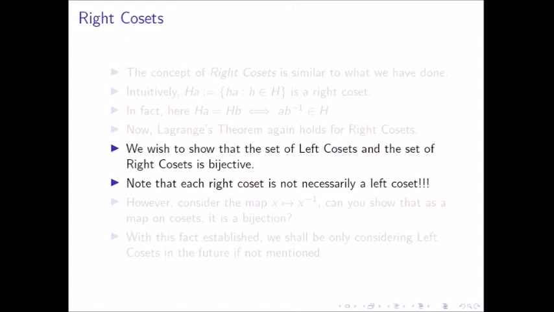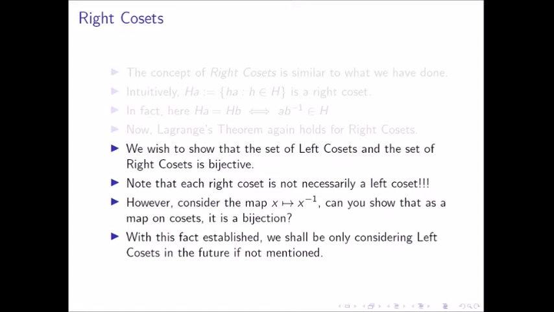If you look at the left cosets and right cosets of the subgroup H in S3, if you remember our example, then you'd realize that they are not the same. If the group is abelian, they are the same. But think of other examples as well in which they are not the same. But it turns out that they are bijective. That is, if they are finite, they are of the same size or have the same number of elements, and if they are infinite, they are of the same cardinality. So let's look at how we can show this.